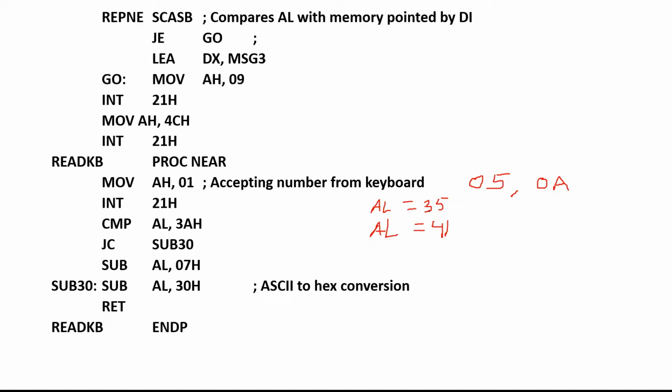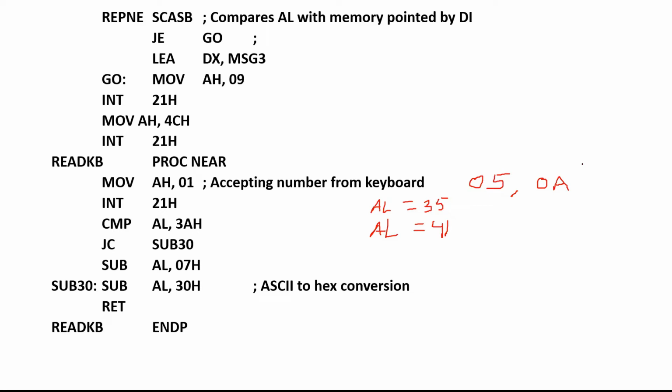So we are going for conversion. I will compare the content of AL with 3A. If it is a digit 0 to 9, it will be stored as 30 to 39, and I will subtract 30.